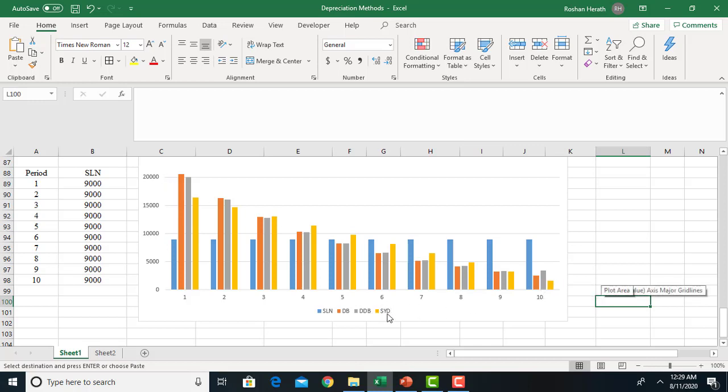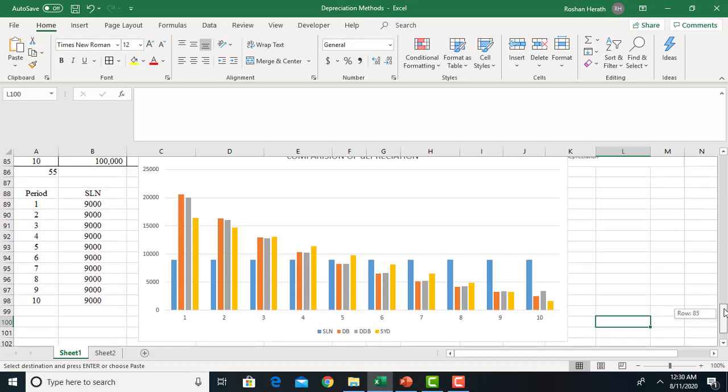In the sum of year digit method, the same observation is there. You start with the higher number, 16,363, then it comes down to the lowest figure of 1,636. However, in the straight line method, you can see an equal amount of depreciation throughout the period.